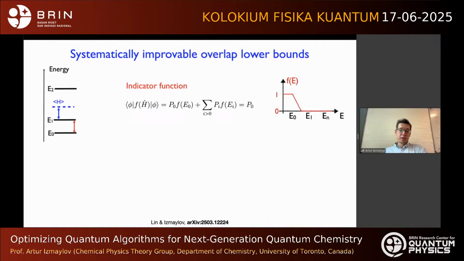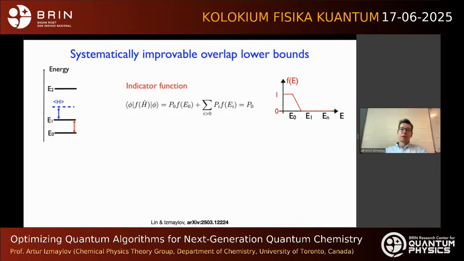So what we did in the work that is cited at the bottom is we decided to really extend the Eckart bound and construct something that will be always accurate and potentially converge to the exact lower bound or exact overlap if you insist really.